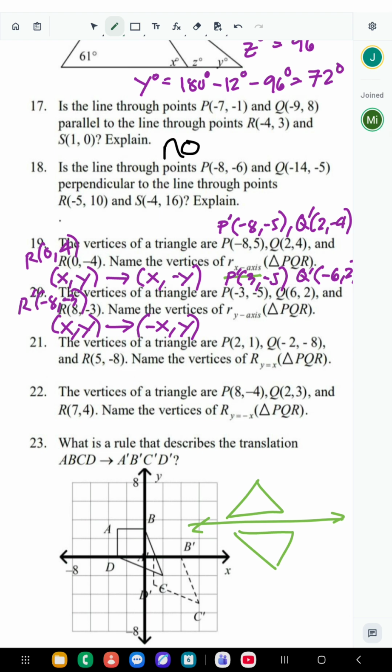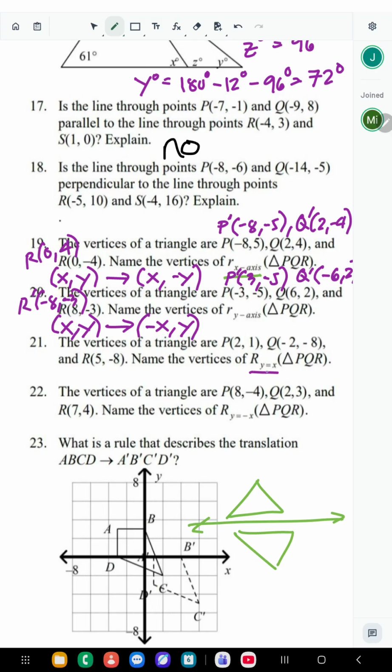Alright? Okay. And then the next one, the vertices of a triangle are P, Q, and R. Name the vertices of R, y equals x. What does this mean? R here is also reflection, right? Reflection across y equals x.